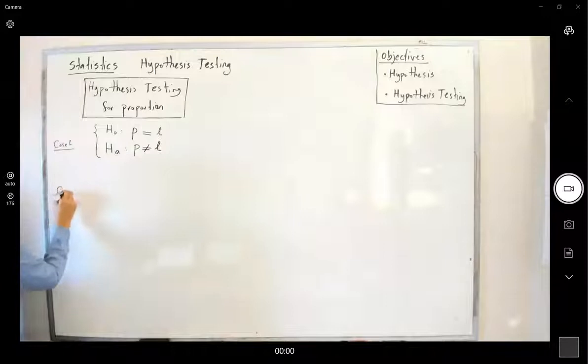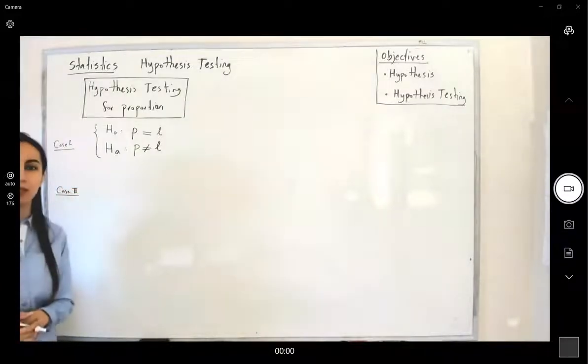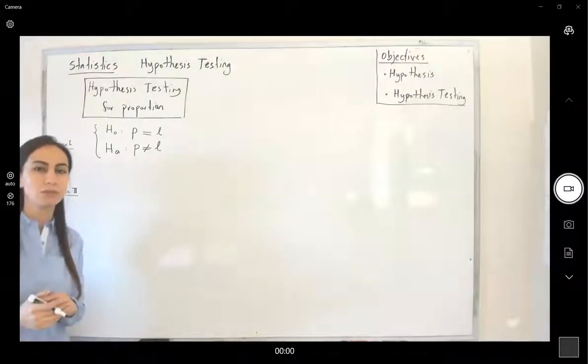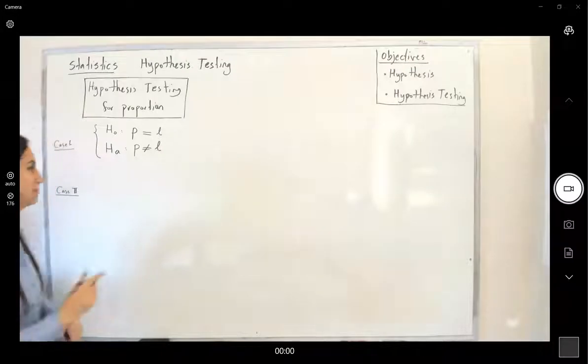The second case in hypothesis testing is that when you're reading a question, you have information about less than or equal to or greater than.